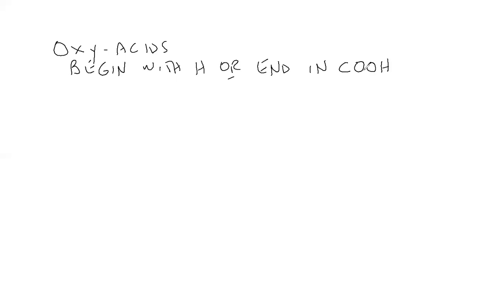That'll be the organic way to represent the acid. Okay, and obviously our oxy acids have oxygen in the formula or in the compound. And that oxygen is in a polyatomic ion.